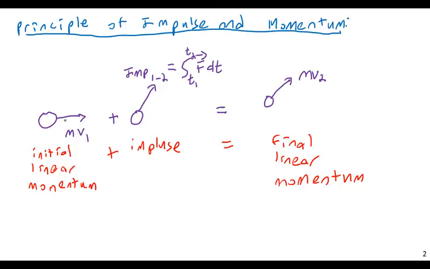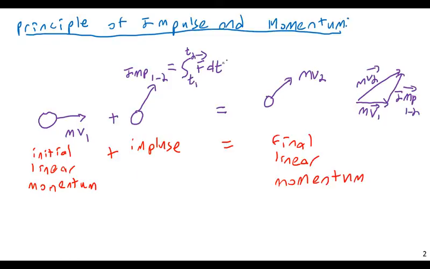In other words, this vector plus this vector is going to equal this vector. So there's going to be this relationship here: mv1 plus the impulse from 1 to 2, which will also be a vector, equals mv2. So we could treat this as a vector relationship as well.